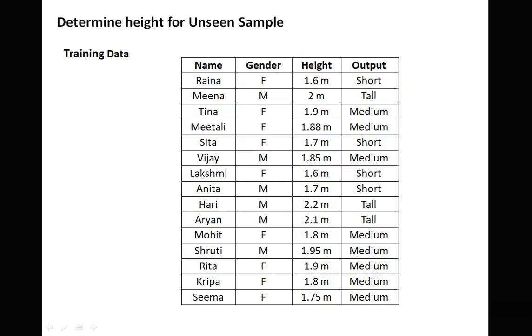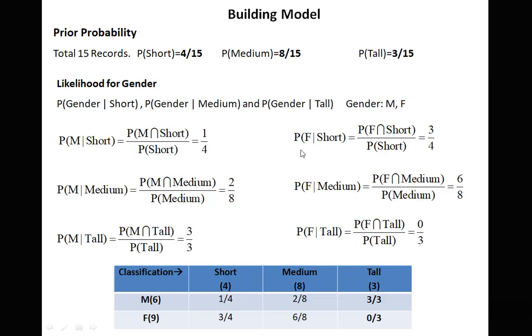So we check in the table how many times m and short is there. It is present only one time, so 1 divided by 4. Similarly, probability of f given short, we require to check how many times f and short is coming, divided by probability of short, so it is 3 by 4. Similarly, we can calculate male for medium, female for medium, male for tall and female for tall, and after that we can fill this entire table.